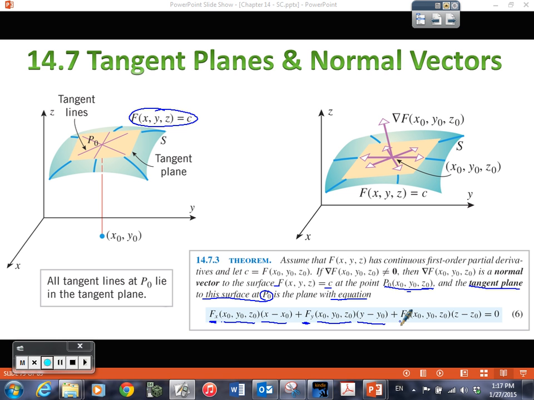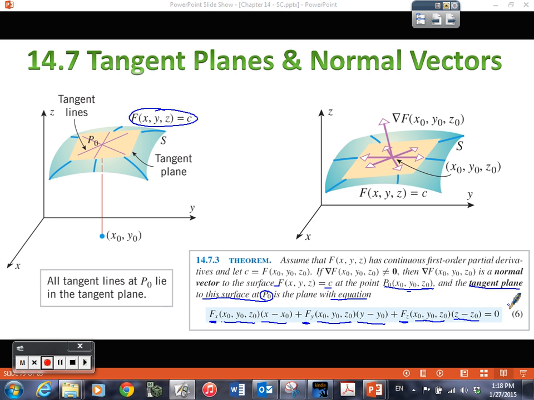And lastly, we have our partial derivative with respect to z, evaluated at that same point, multiplied by z minus z naught, and this whole equation is set equal to 0. Alright, so that takes care of the equation for our tangent plane.